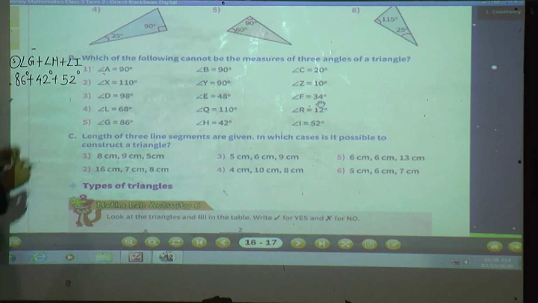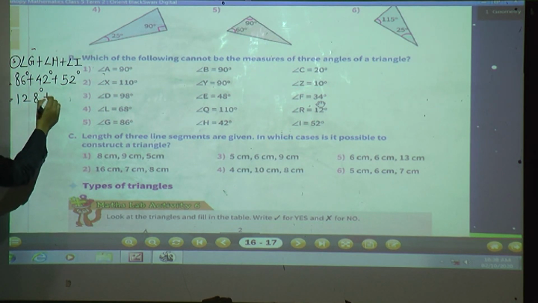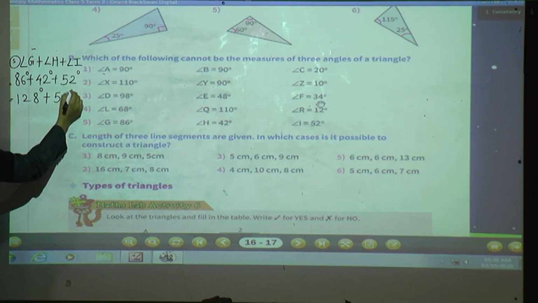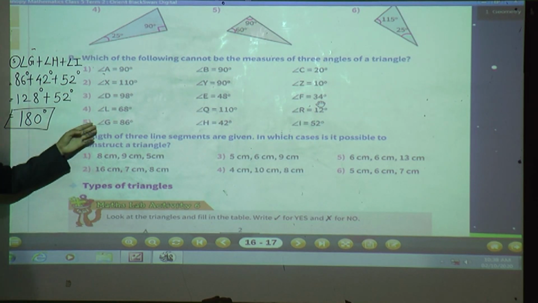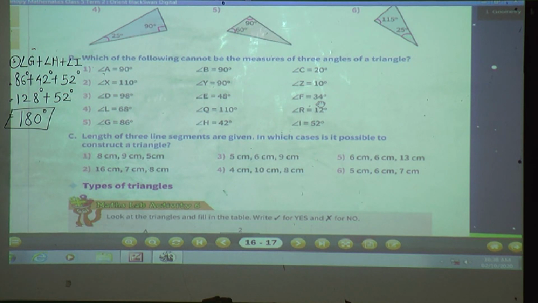Yes students, 128 degree plus this remaining 52 degree. Again add these two numbers. The addition is 180 degree. Very good. So these are the measures of three angles of a triangle. In this way we have finished our second question also.